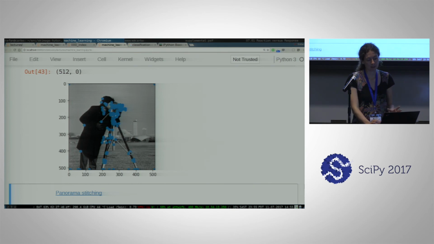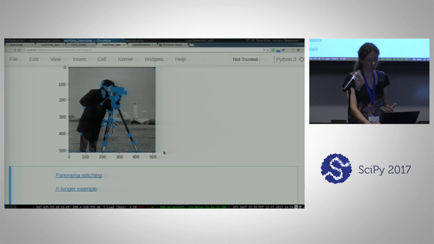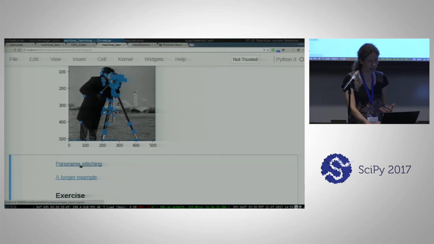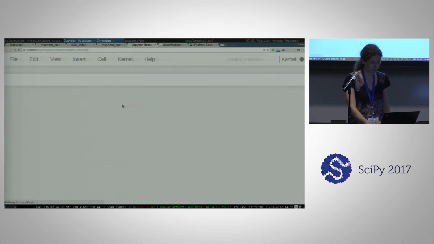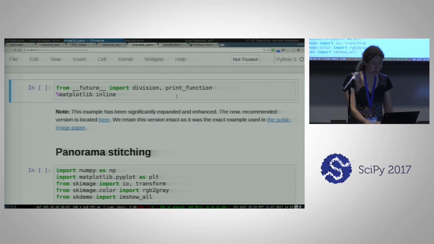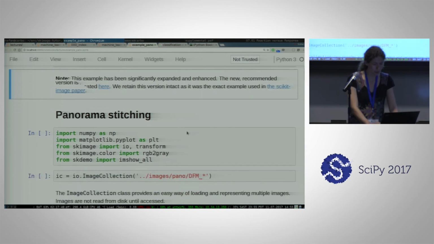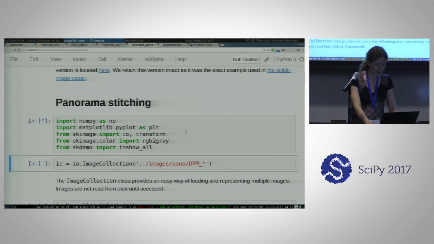These points of interest can be used to match together images where you have the same objects, so it can be used for object recognition or for image registration. If you click here on this panorama stitching link, I'll go very quickly through a small example where we want to do panorama stitching.